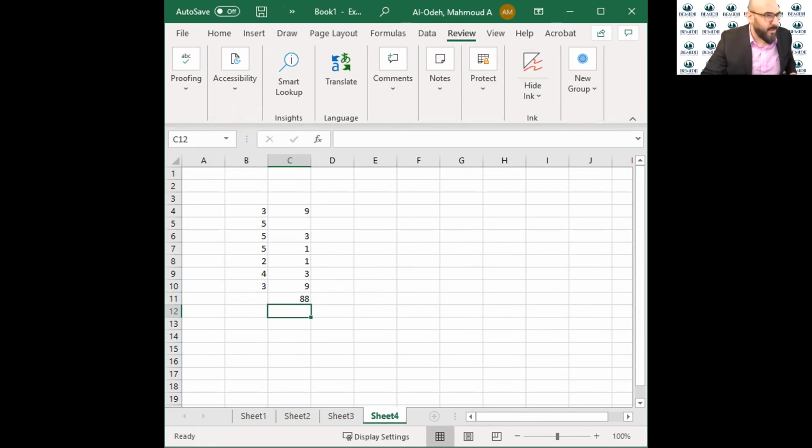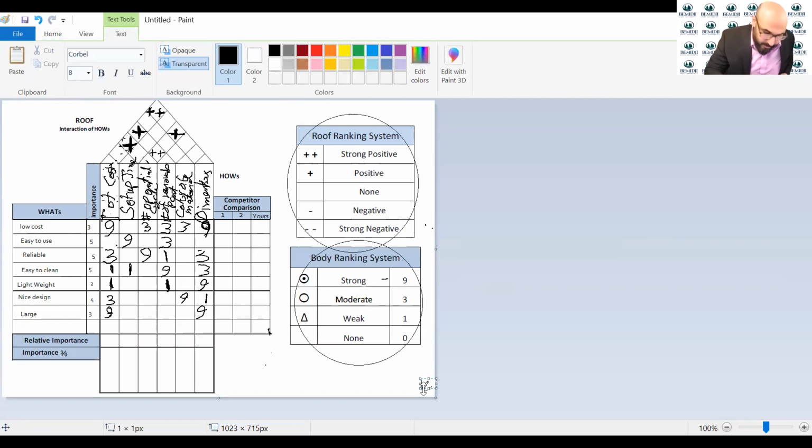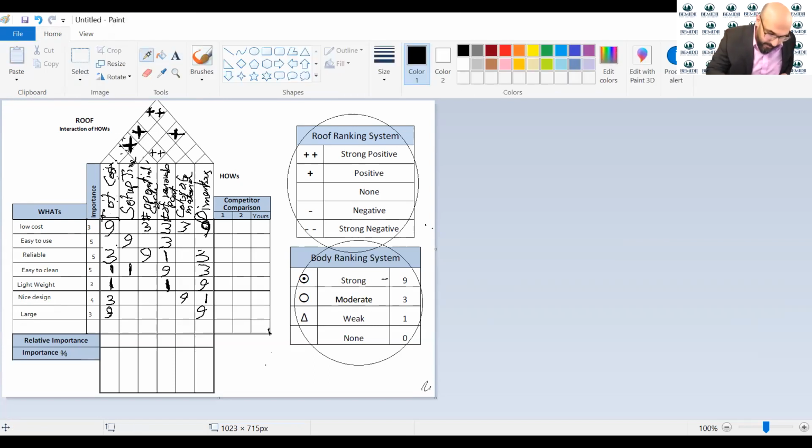So going back to my QFD, I'm going to use the pen here to write 88 as the importance. And I did show you how to do the calculation. So I'm going to pause the video for a second, do the calculation, and come back to you.